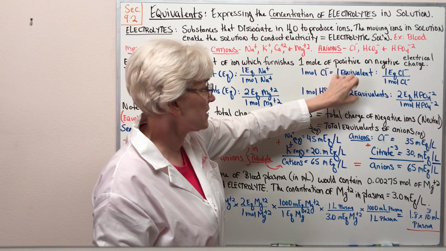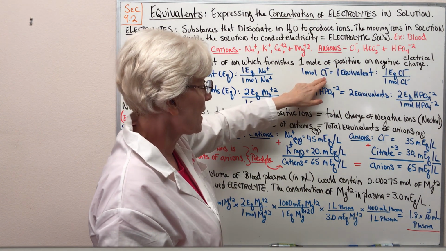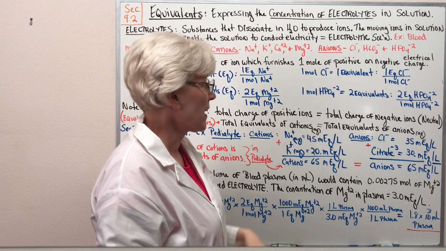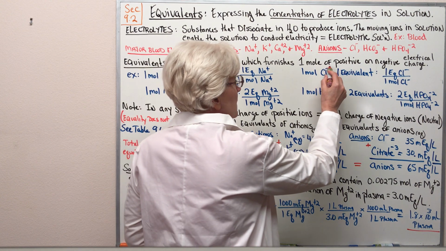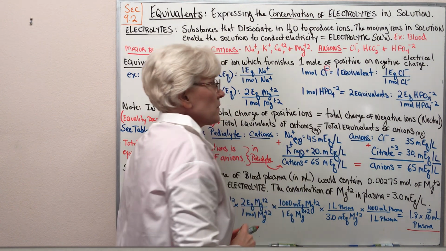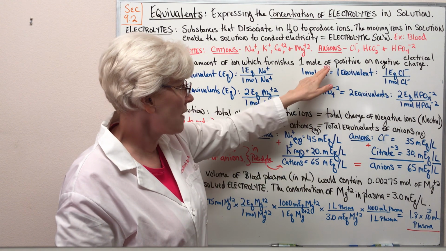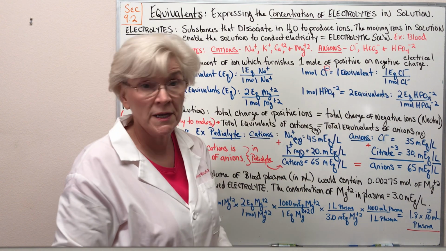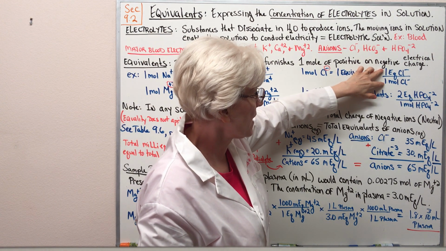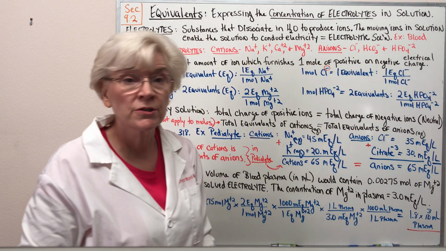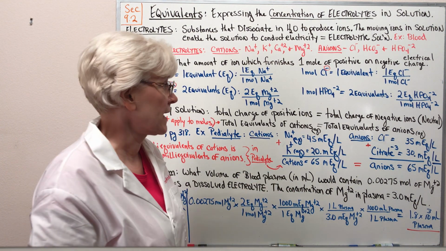Let's take a look at the several major anions that are present in blood. Chloride is a major anion. Monohydrogen phosphate is a major anion. And again, looking at these charges, 1 mole of chloride ion produces 1 mole of negative charge, or 1 equivalent. So you can write that as a conversion factor. 1 equivalent of chloride is present for every 1 mole of chloride anion.